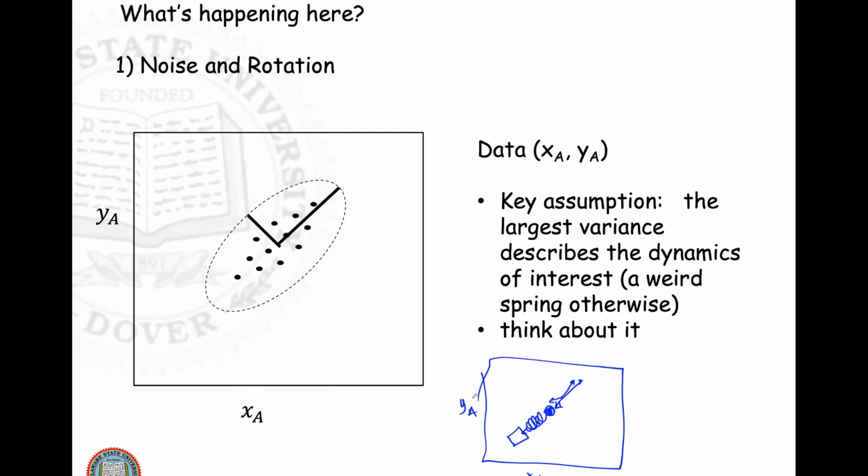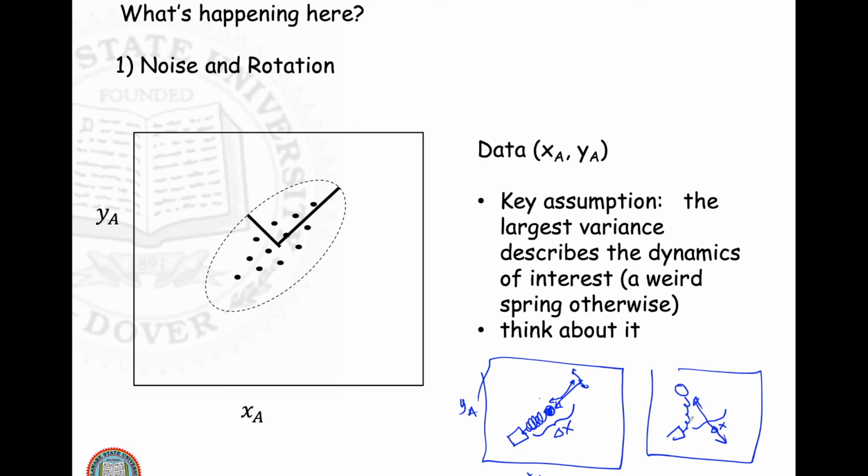Now, it's a really strange spring. Let's imagine that the dynamics were such that the largest direction of variance was not the dynamics of interest. So that would mean you would take the spring and you displace it some amount delta x, but instead of moving delta x in this direction, or close to delta x plus or minus some other variance in the noise direction, imagine if you displace it delta x and that spring, instead of oscillating forward and backwards, starts going this way, in this direction, plus and minus.